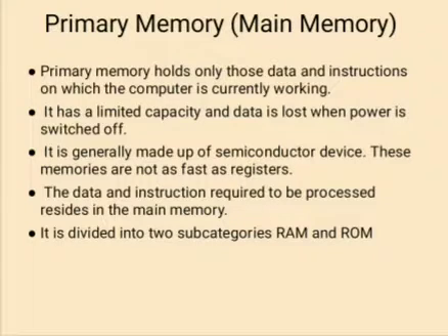So in this primary memory we can classify it into RAM and ROM. So this is going to be the main memory. RAM in the sense of what? Random Access Memory.